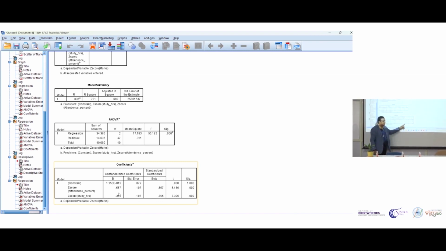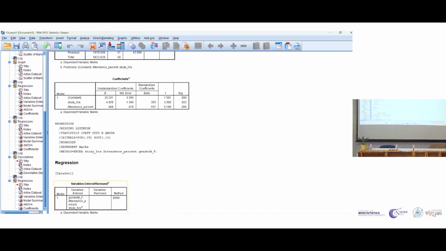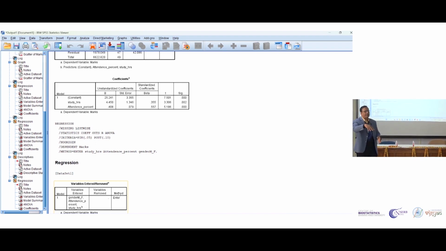So SPSS was doing it previously, which you asked. See here. Standardized beta coefficient. It was already converting in the standard form, and it was reporting you the parameter value for the comparison purpose. Okay? So you can do from that one.